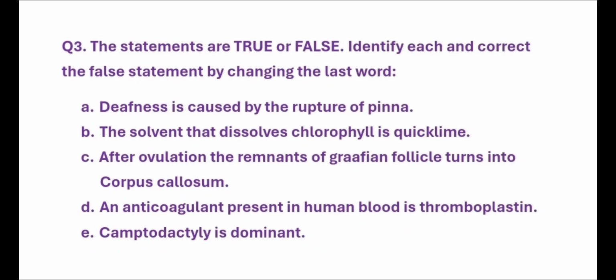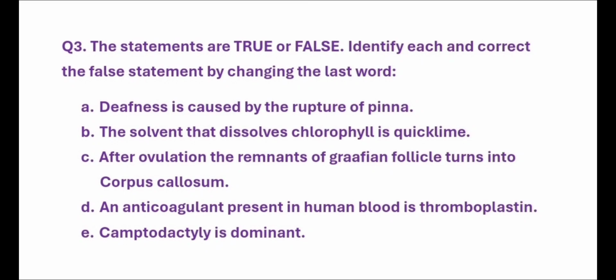Then comes the third question, where you are given 5 different statements. You have to mention whether the statement is true or false. For this, you have to write the entire word true against the statement when it is correct, or false when the statement is incorrect.